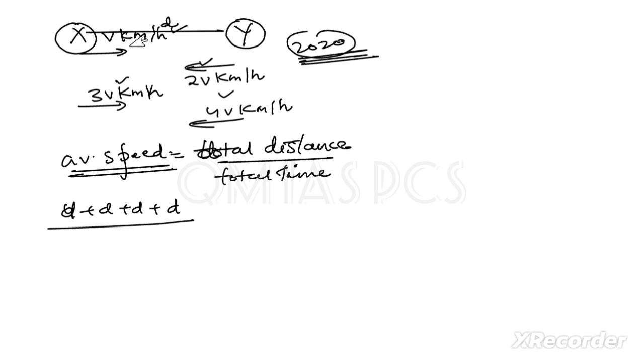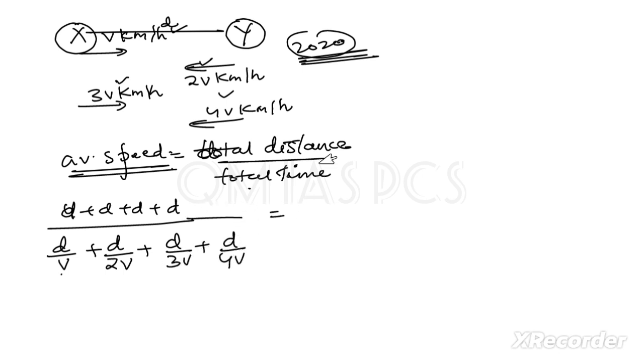So for the first d, what will be the time? It will be distance divided by speed. For the second d, distance divided by 2v. Here the speed is v, here it is 2v. And the third one, distance divided by 3v. And lastly, distance divided by 4v.